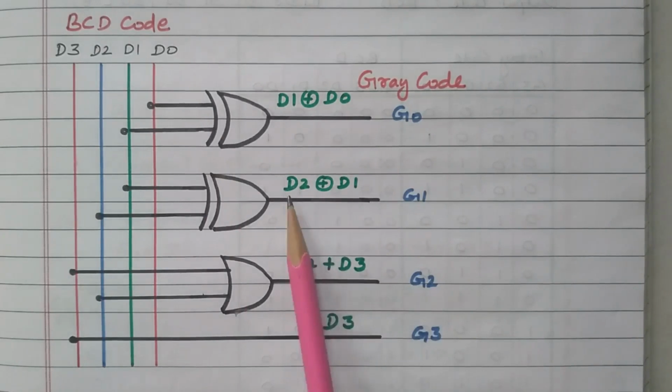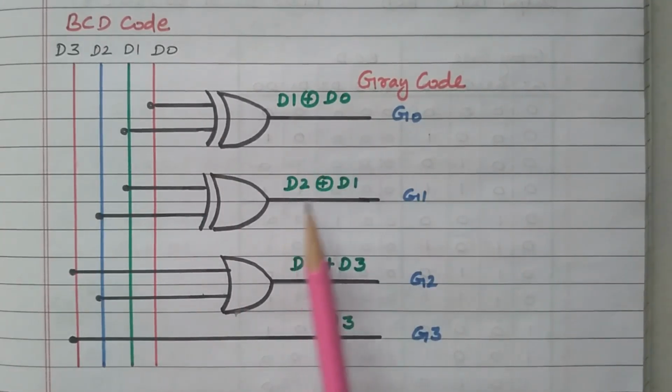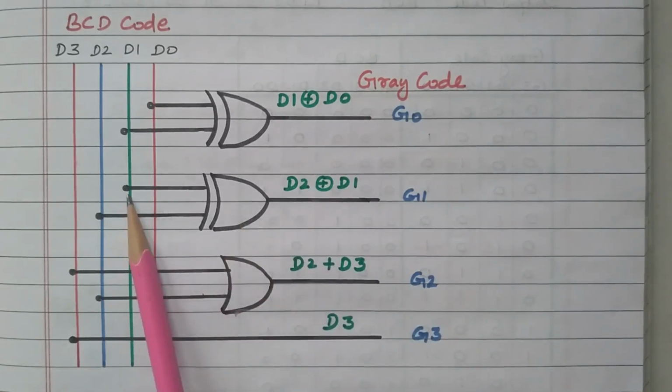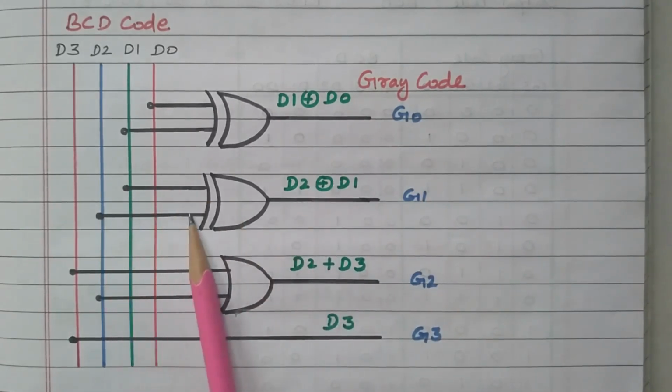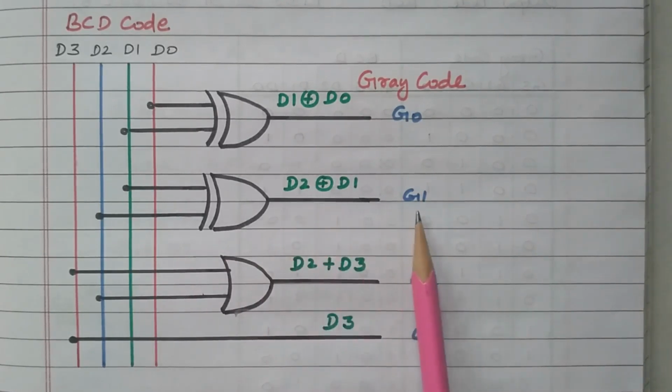G1 is D2 XOR D1. Here D1 and D0, here D1 and D2. So D1 and D2 are connected, and we get D2 XOR D1, which is G1. What is G2? G2 is nothing but D2 plus D3. So we use one OR gate to add D2 and D3.